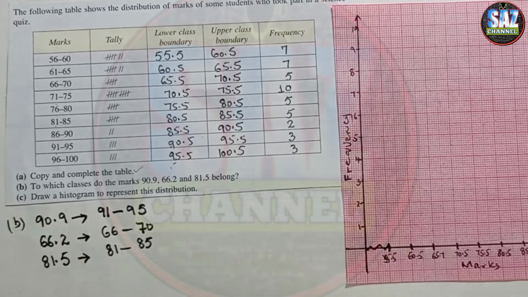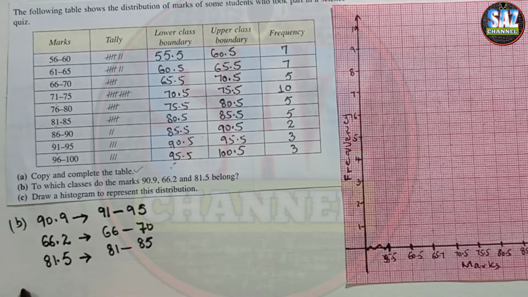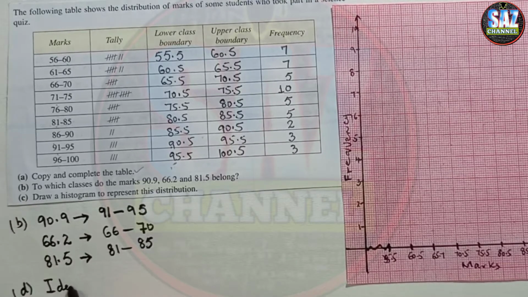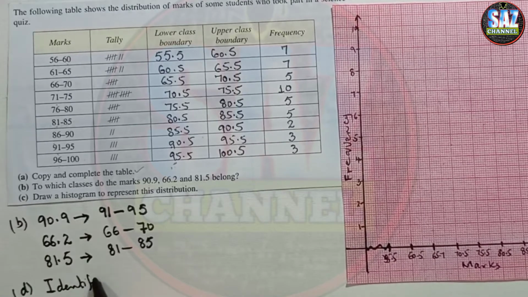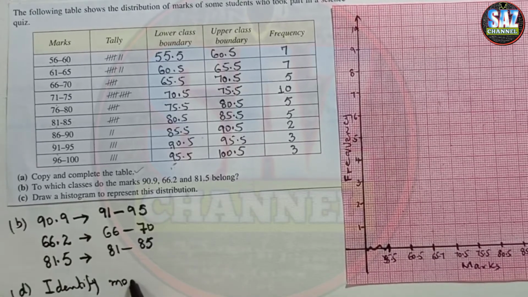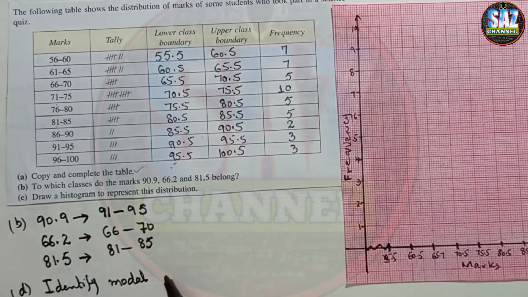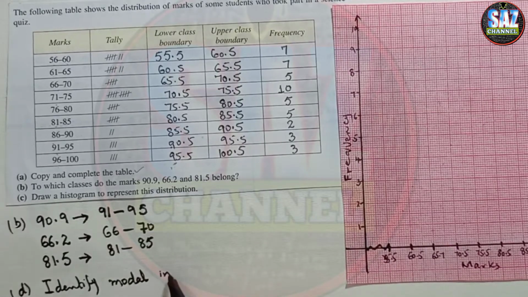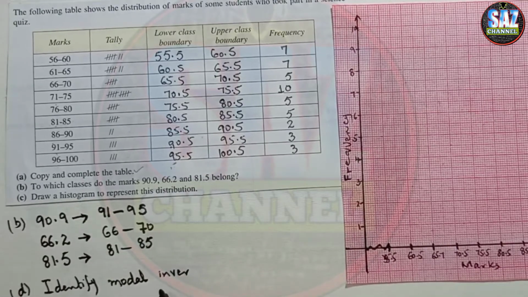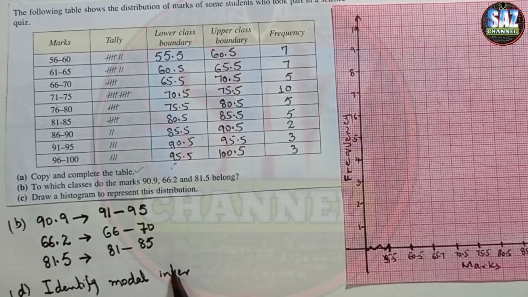Now on the basis of the same question, the examiner can sometimes ask you to identify the modal interval. This is the extra part. Let me mark it with D. Identify the modal interval. Although this is not in this question, I feel the need to discuss this part here.